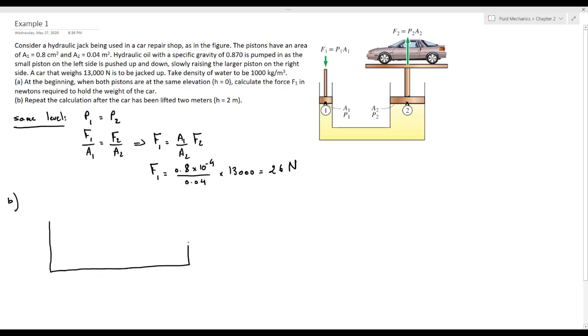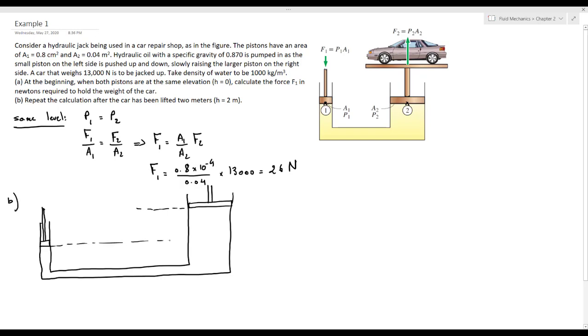the new position, we'll draw the new position. For the larger piston, it will be displaced 2 meters above the small piston. So here piston 2 should be above the level of piston 1 with the difference in level equal to 2 meters.